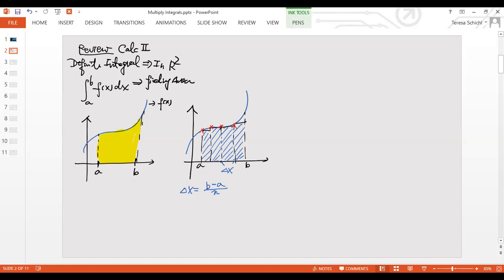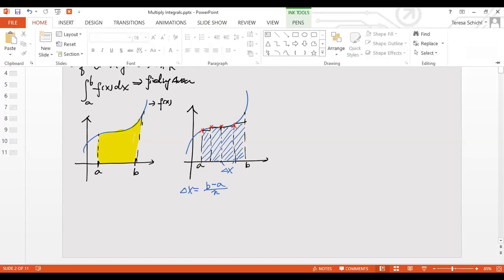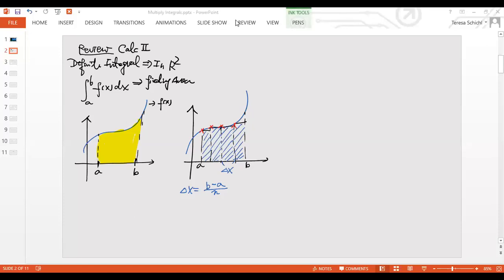Then I add them up together. When we divide the interval into many sub-intervals, the sum of the rectangle areas is going to be very, very close to the true area.